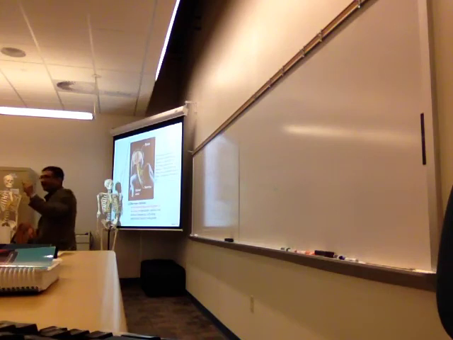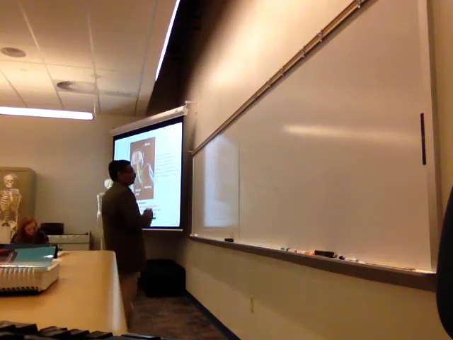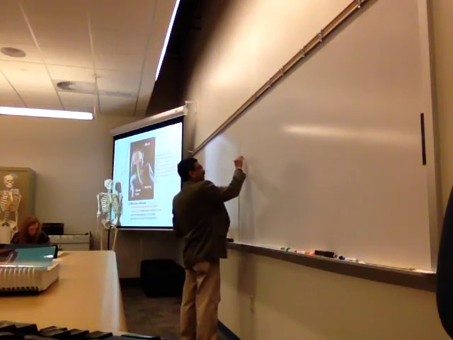How many systems we have in our body? 11, very good. And out of those 11 systems, 2 systems are called the controlling systems in our body. That means they control the other systems. Which 2 systems? The nervous system and the endocrine system. Those 2 systems are called the controlling systems.